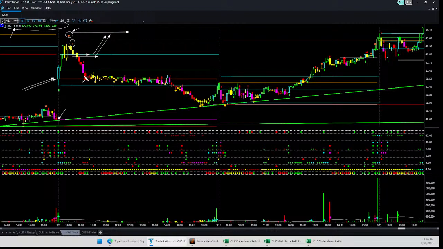So I shorted it, and when it hit the opening price, slightly more than risk distance was covered, and I closed at least partial position in the stock.